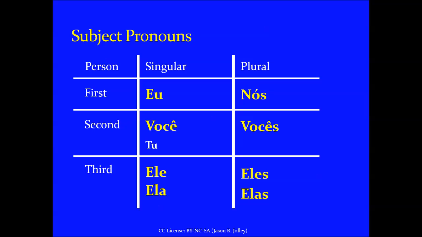So, for example, the subject pronoun eu, or I, represents the first person singular position, whereas tu or você represent the second person singular, and ele, ela, or names like José or Ana Carolina would be third person and singular. Nós is the first person plural position, and so on.